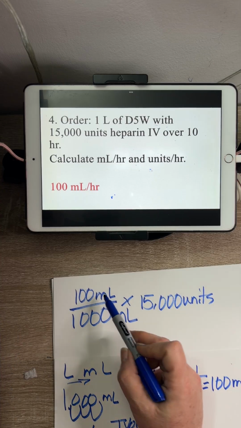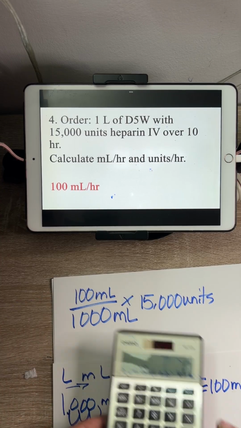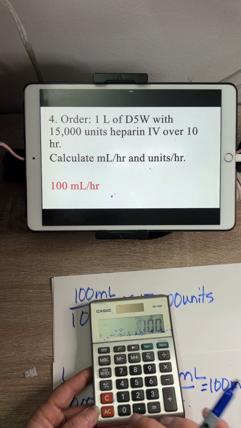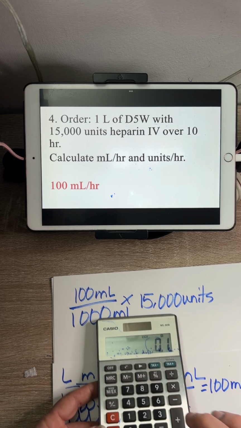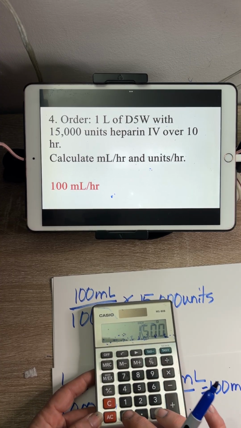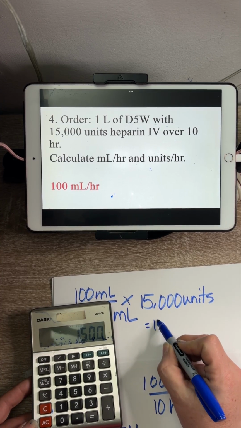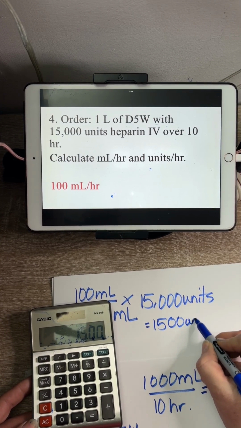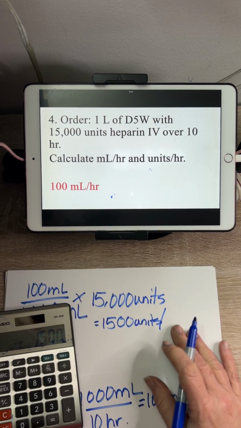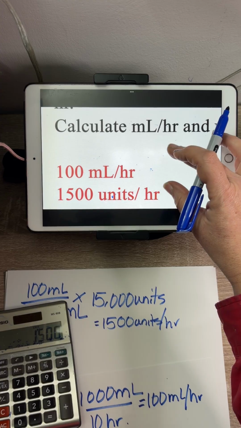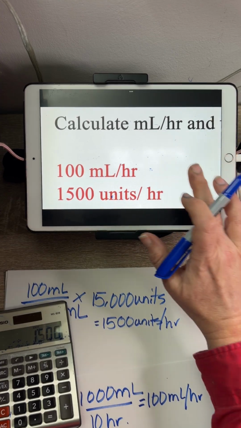And then we're doing it 100 divided by 1,000 times 15,000. They're getting 1,500 units per hour. Look, boom. Sure enough did save another one.